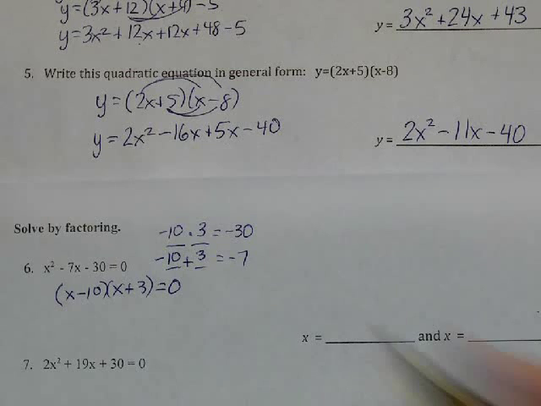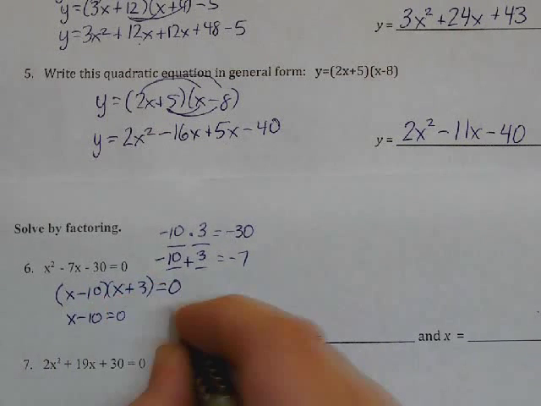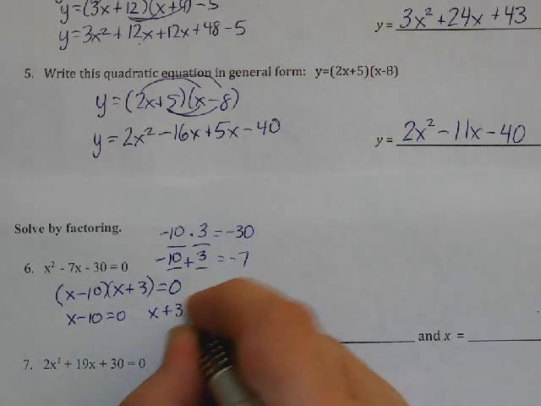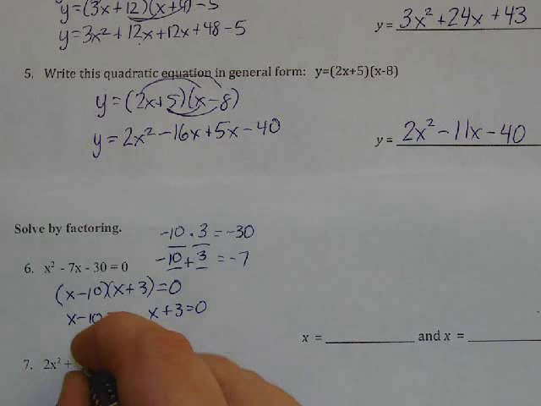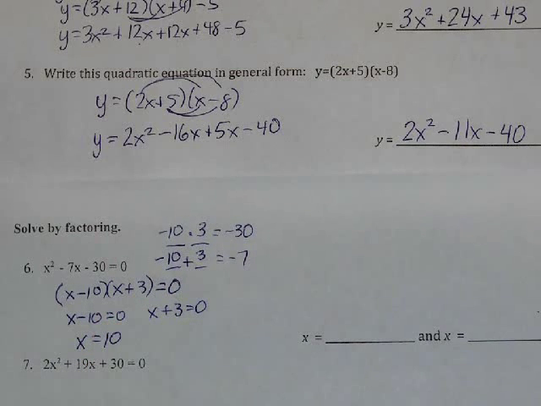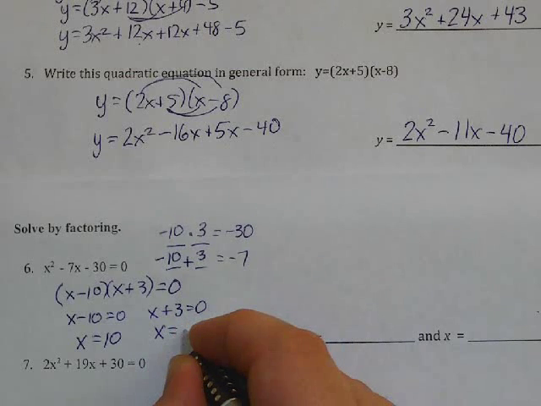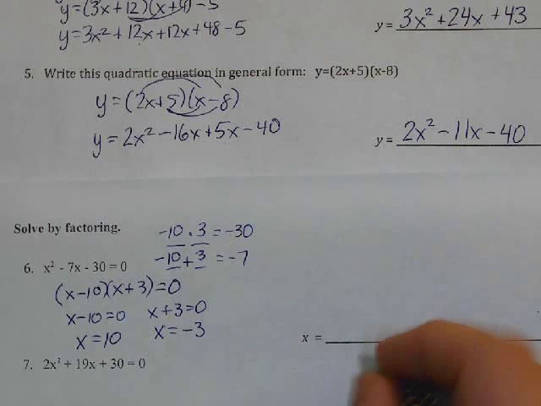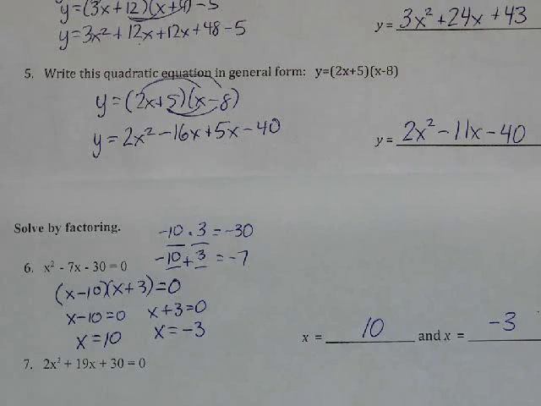So once it's into factored form, we're going to set each factor equal to 0 and solve for x. So here we'd add 10 to both sides and get x equals 10. For this equation, we'd subtract 3 from both sides, and we get negative 3. So our solutions are 10 and negative 3.